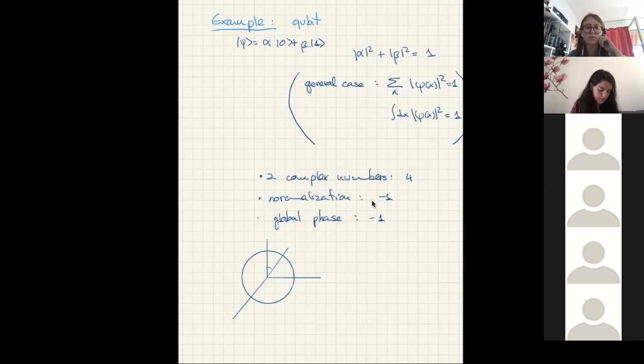It's going to be an angle psi and an angle phi. And this will be our state psi. So this means that every state we can represent on the surface of a sphere, which we call the Bloch sphere. And we put the 0 here, and we put the 1 down here.